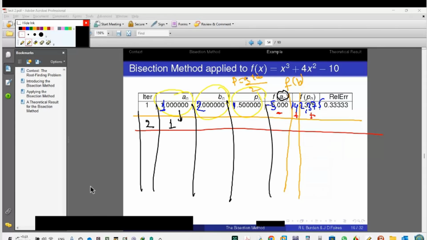Second iteration. Now I have P and B on the same sign, so I will change B with P. See my hand, I will take this to be here. And I will calculate; now that we decided, I calculated this, I will start again with the second iteration.